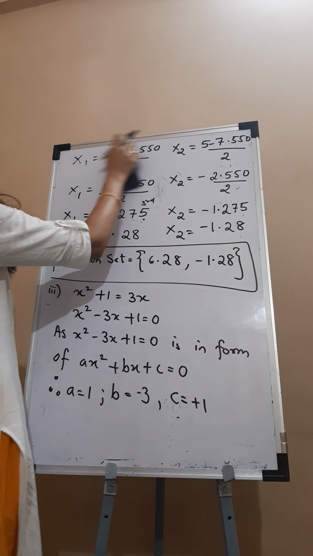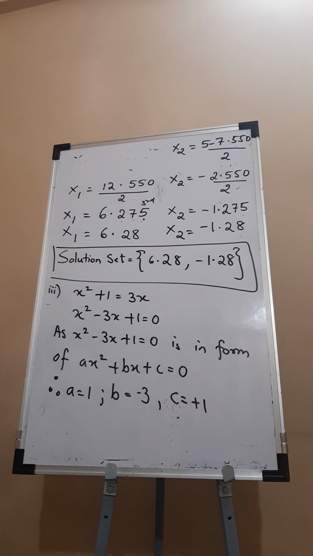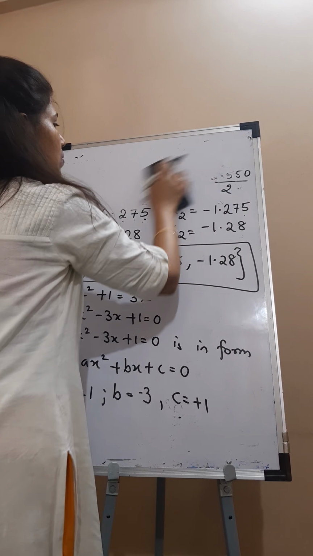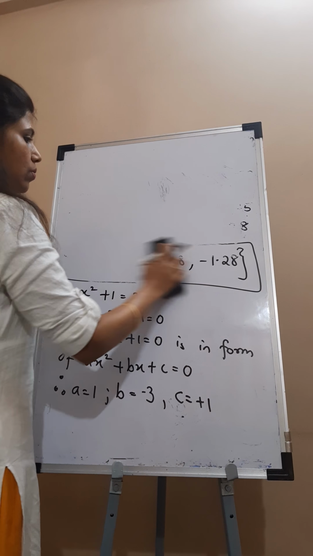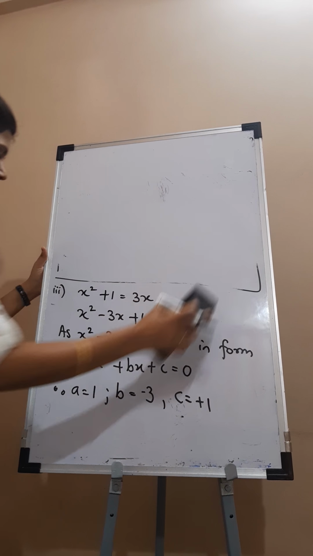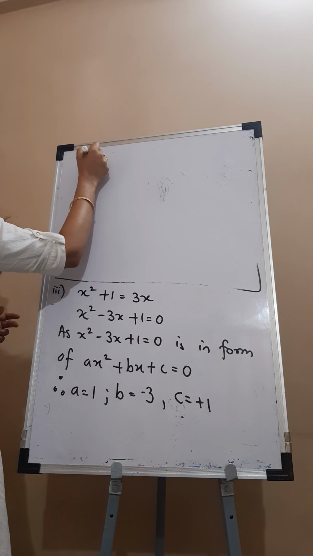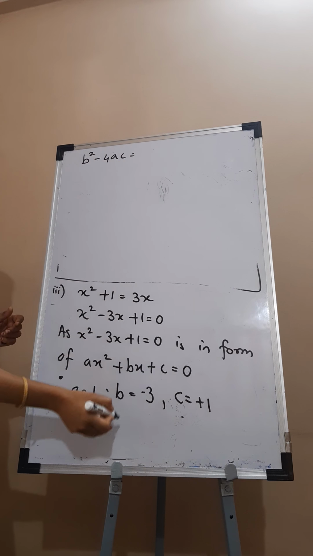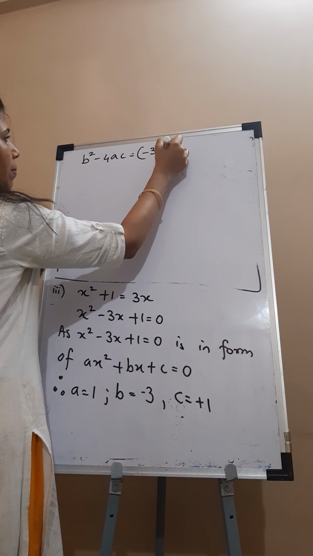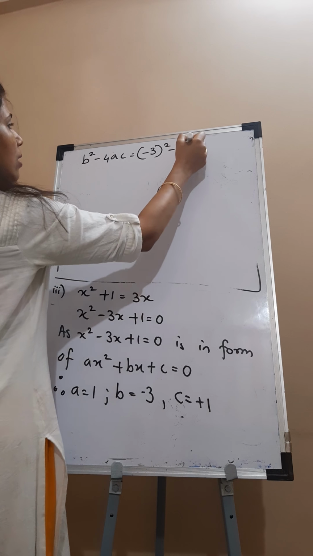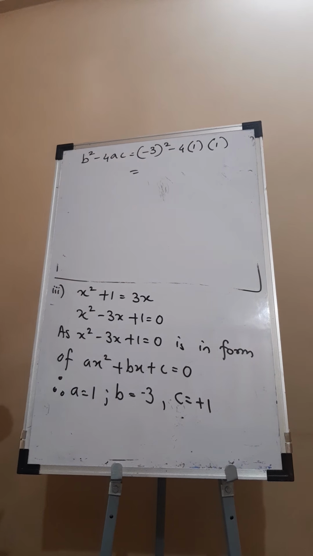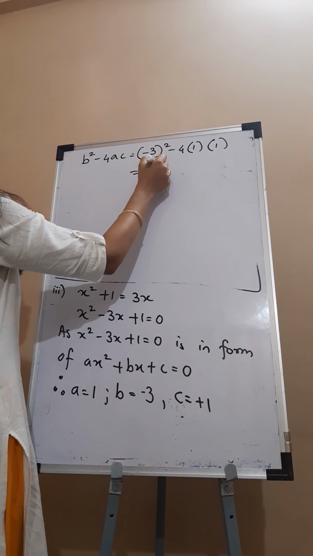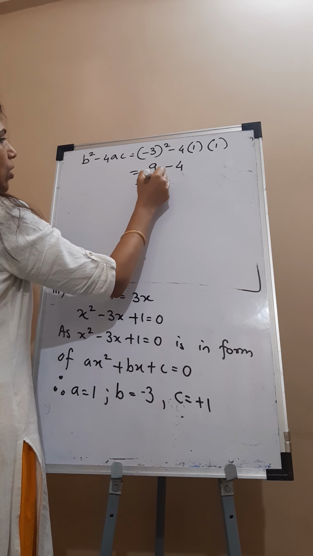So b square minus 4ac is equal to, substituting, minus 3 the whole square, minus 4, a is 1 and c is 1. The square of a negative number is also positive. So 3 square is 9 minus 4, that is equal to 5.